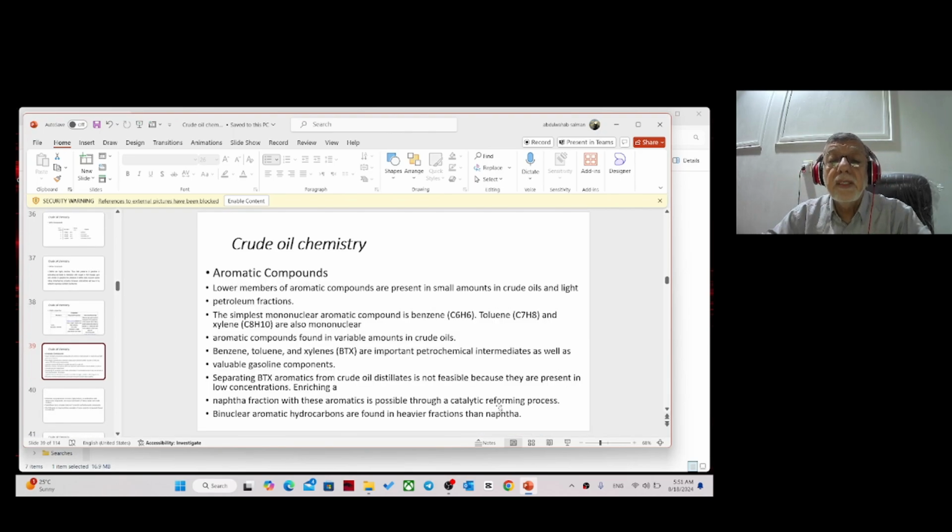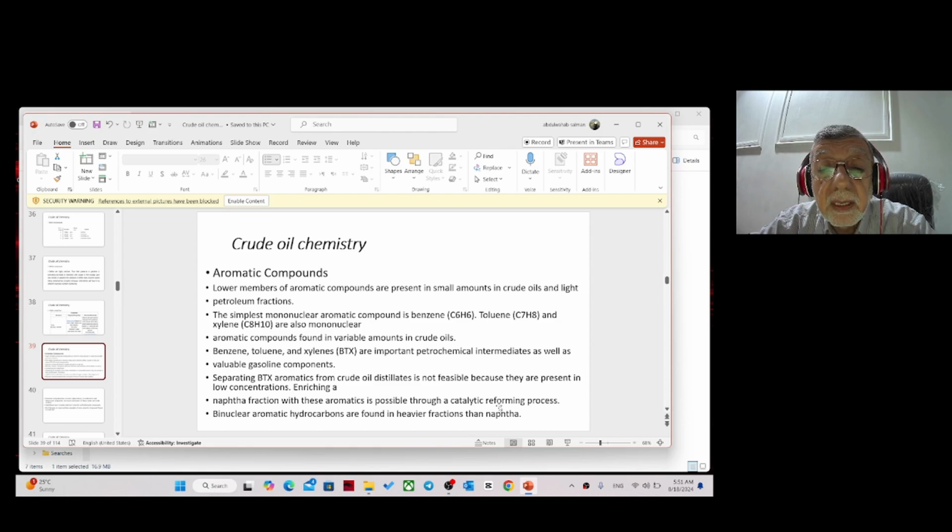Now we come to the last group of hydrocarbons, which is aromatic compounds. Lower numbers of aromatic compounds are present in small amounts in crude oil and light petroleum fractions.